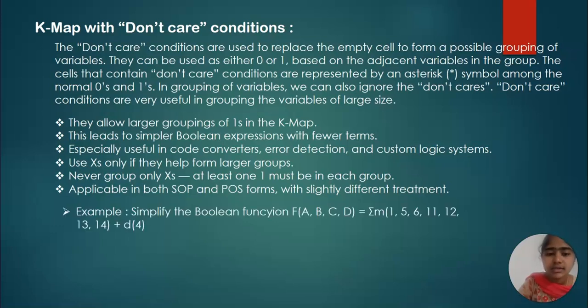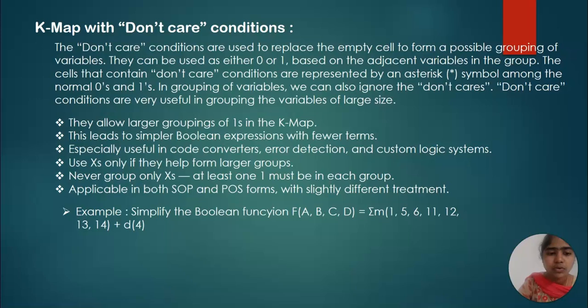Let us see one example and simplify the Boolean function f of a, b, c, d equal to summation m of 1, 5, 6, 11, 12, 13, 14 plus d of 4.